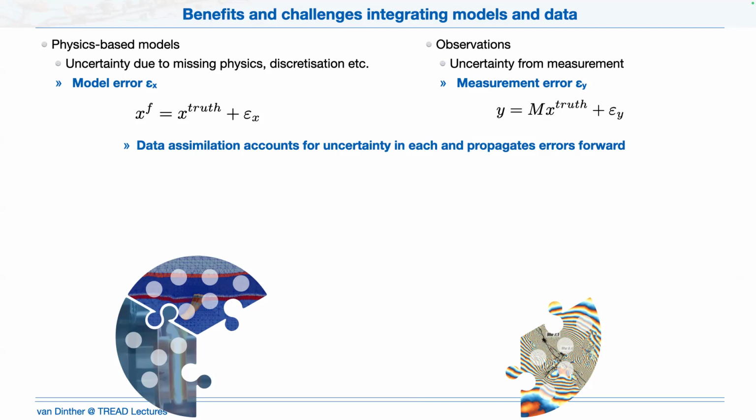So important to remember is that data assimilation can account for the uncertainty both in the models and in the observations, and also propagate forward those uncertainties.